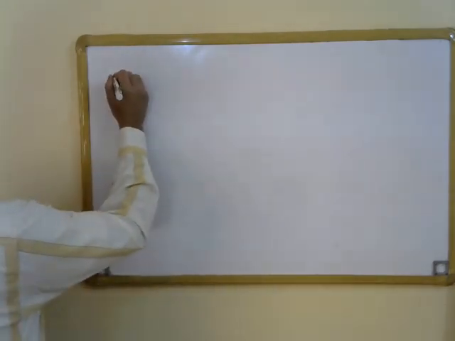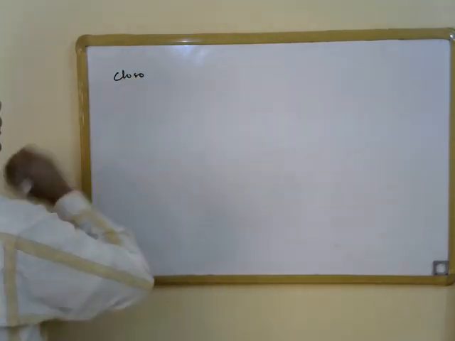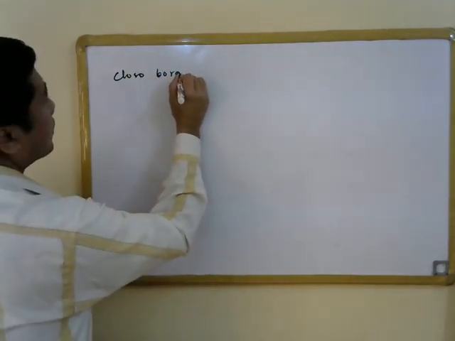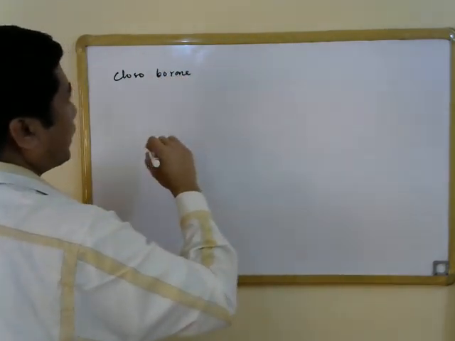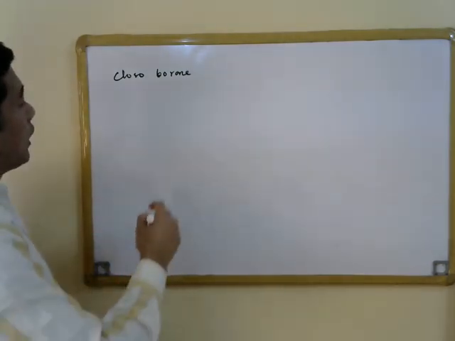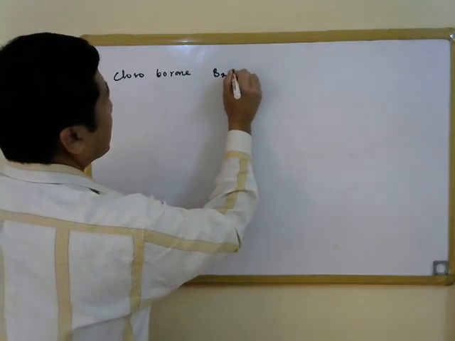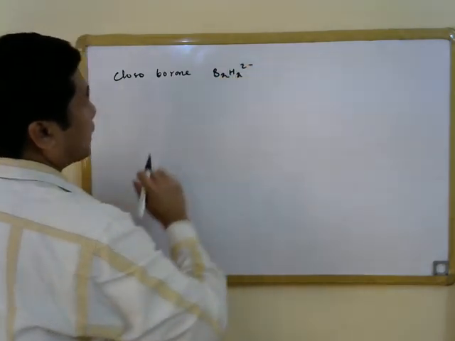So the first class of borane molecule is known as closoborane, and the general formula for the closoboranes is BnHn 2 negative.